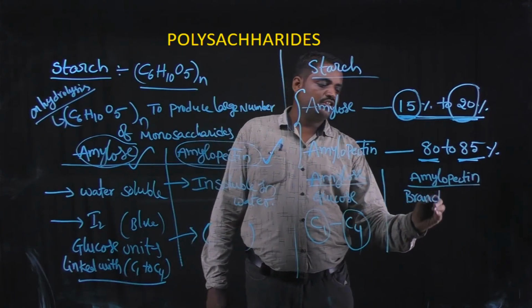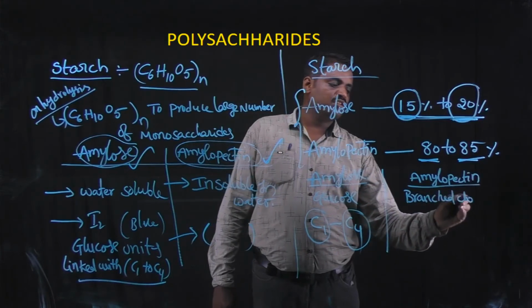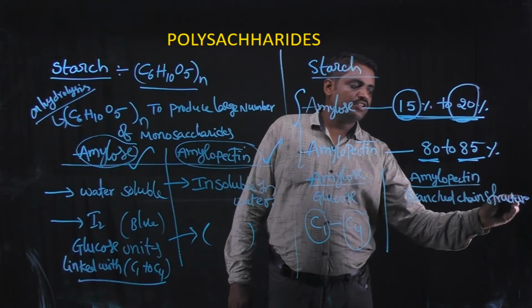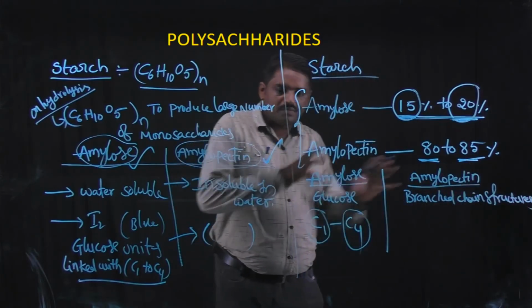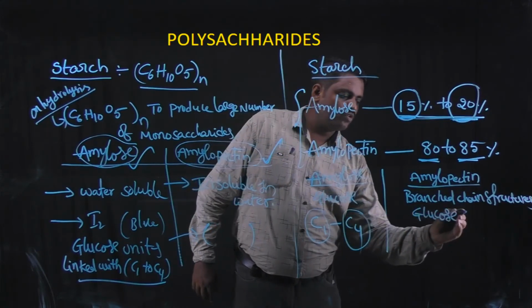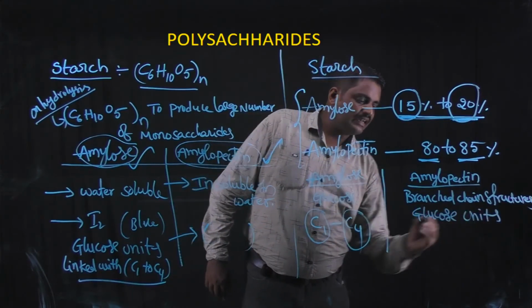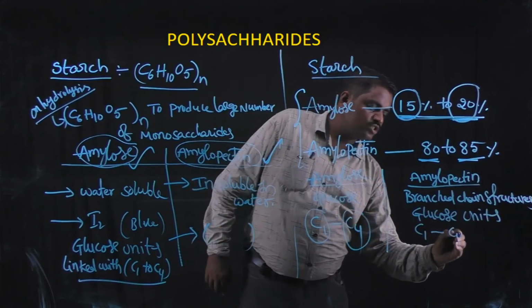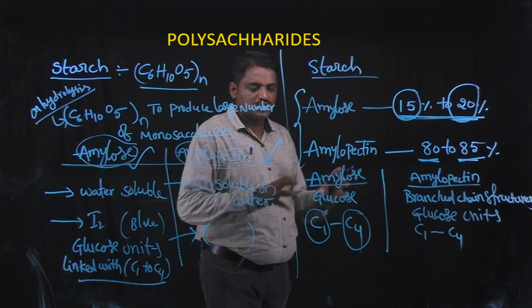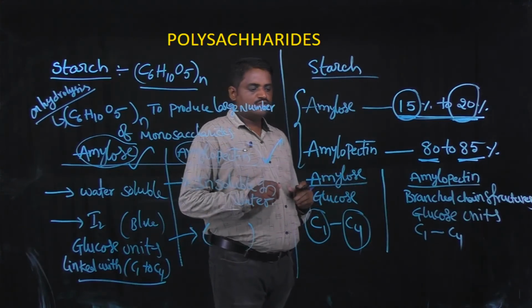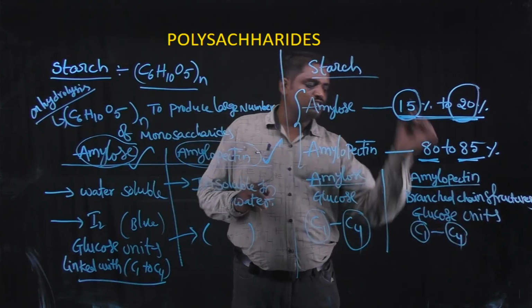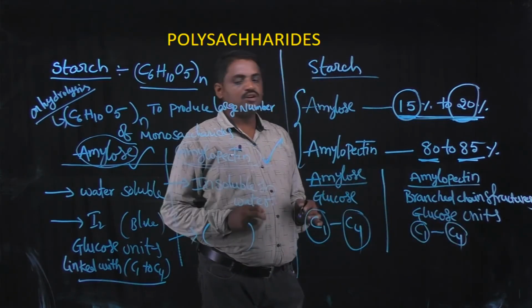In the normal structure, the glucose units are linked with C1 to C4, similar to amylose. The C1 carbon of the first glucose is linked with the C4 carbon of the second glucose. This is a linkage of amylopectin.